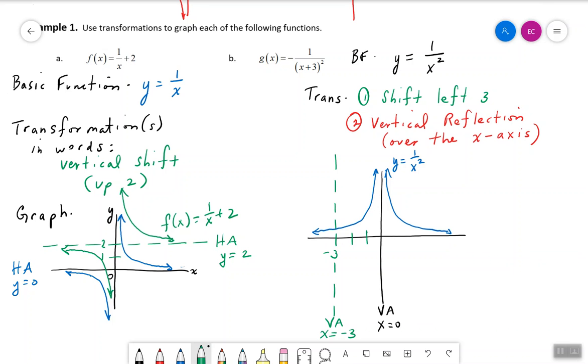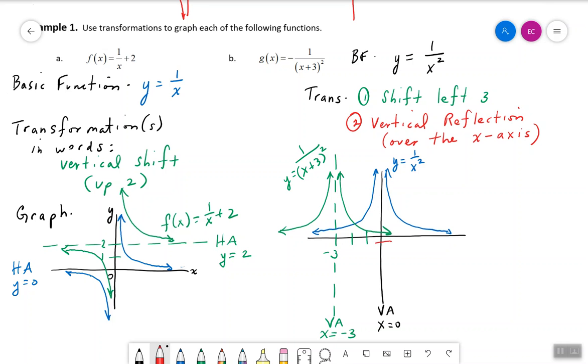And we can go ahead and draw the new graph around that asymptote. And that is the graph of y equals 1 over (x plus 3) quantity squared. And then the last thing to do is to reflect that graph over the x-axis.